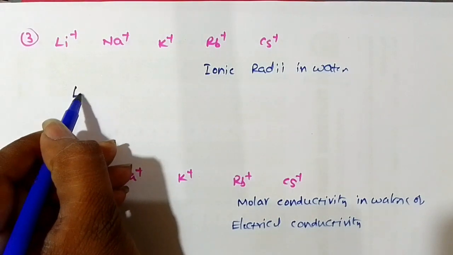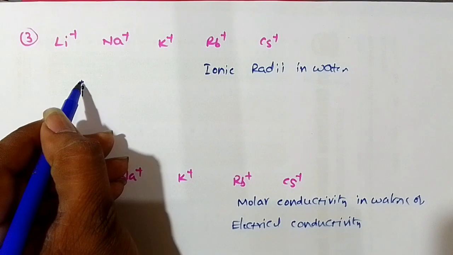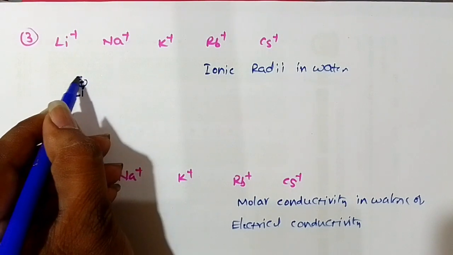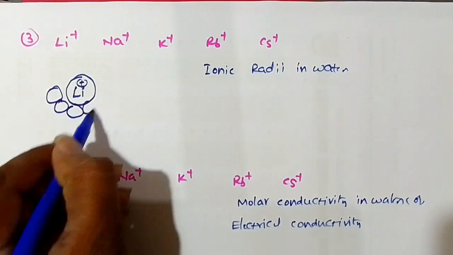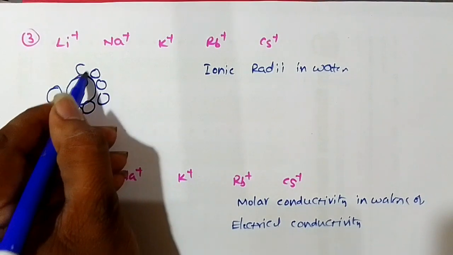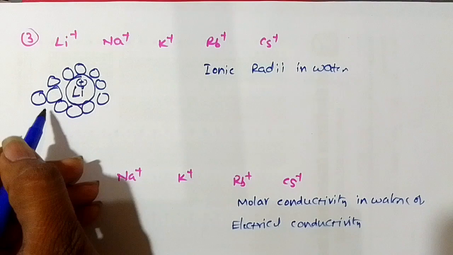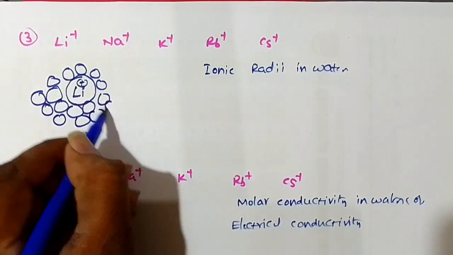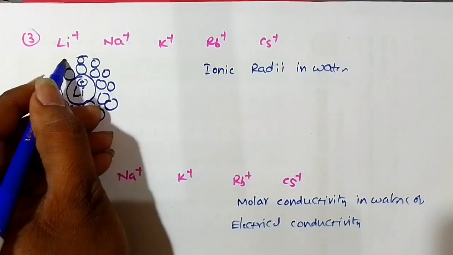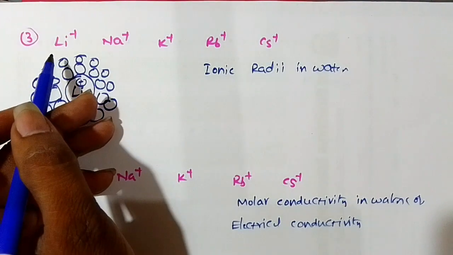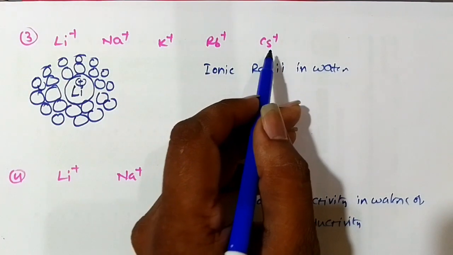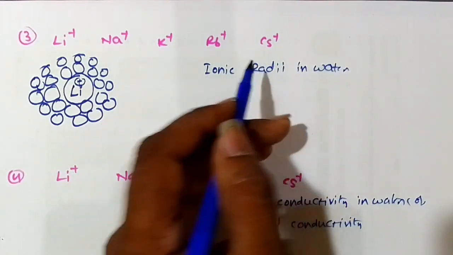Already you know that lithium has more hydration energy. It can attract more water molecules around its ion because of more hydration energy. That's why the size becomes more. When we are moving from lithium to cesium, the hydration energy decreases.